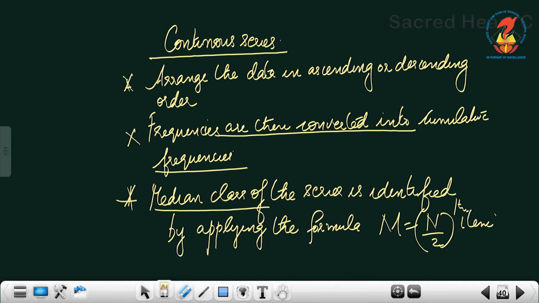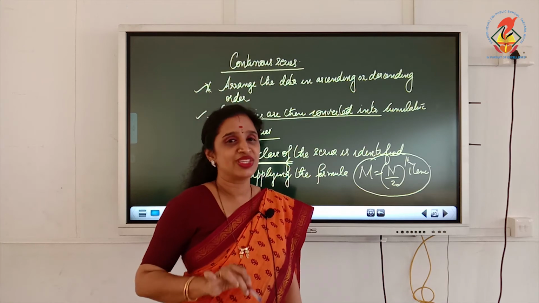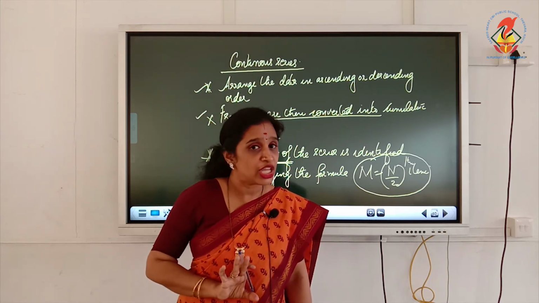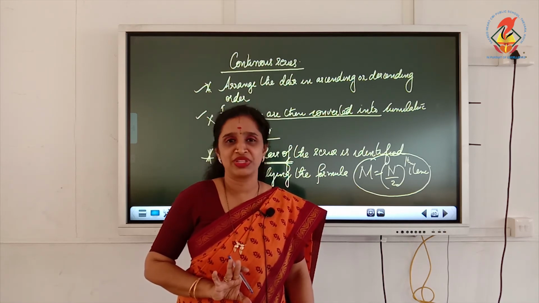Now, the first 2 points are clear to you. What is the procedure here? Median class has to be found. To find the median class, you have to apply the formula m is equal to n by 2th item. So, this is the area where every time the students make the mistake, instead of n by 2th item, everybody will write n plus 1 by 2th item.